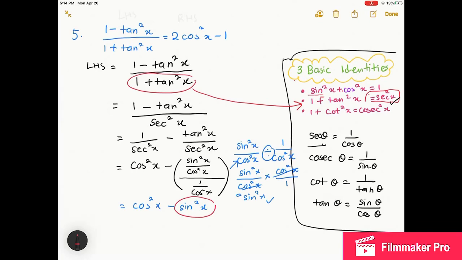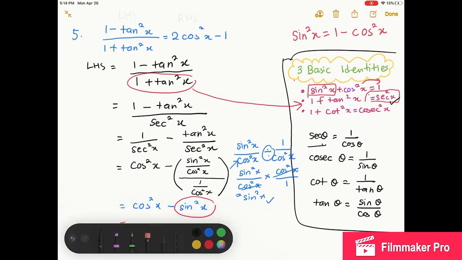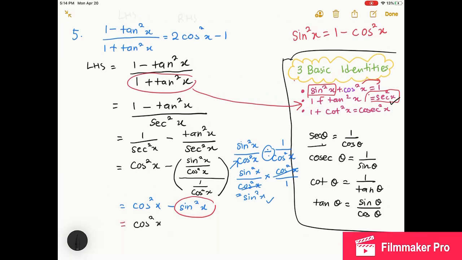So we know that we can get sine square x from these identities. So sine square x is actually equal to, I take cos square x to the other side, 1 minus cos square x. So it will be cos square x minus our sine square.